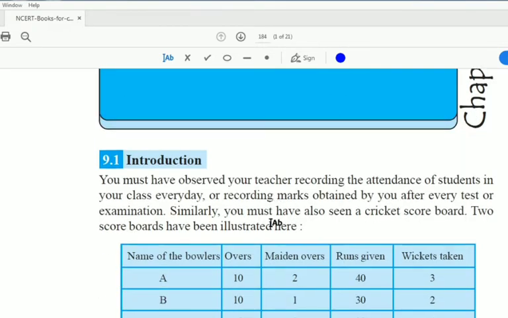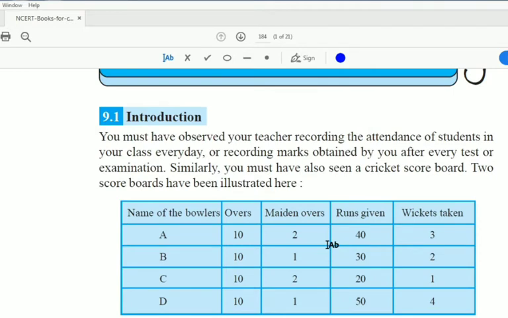Look at here. Introduction. You must have observed your teacher recording the attendance of students in your class every day, or recording marks obtained by you after every test or examination. Similarly, you must have also seen a cricket scoreboard. Two scoreboards have been illustrated here.